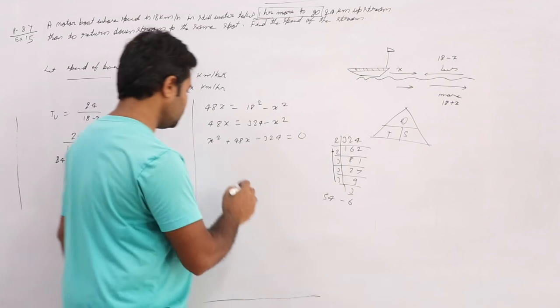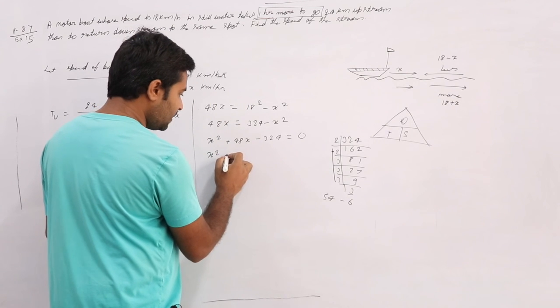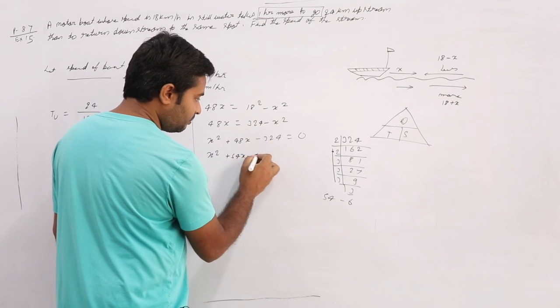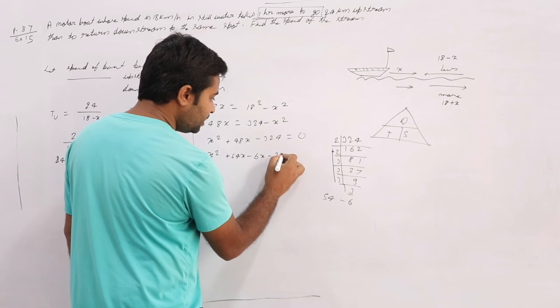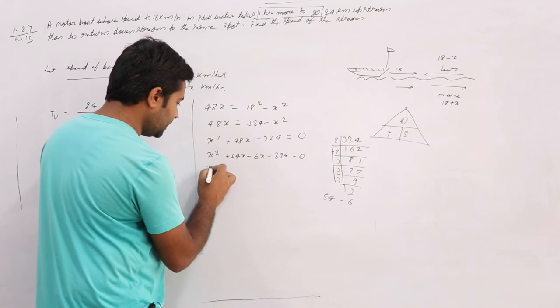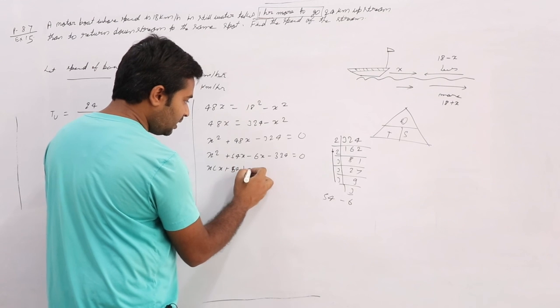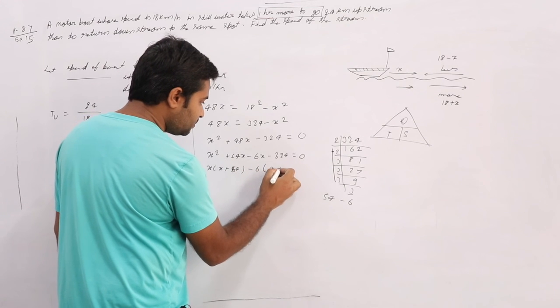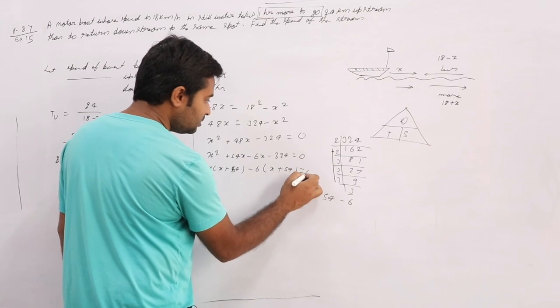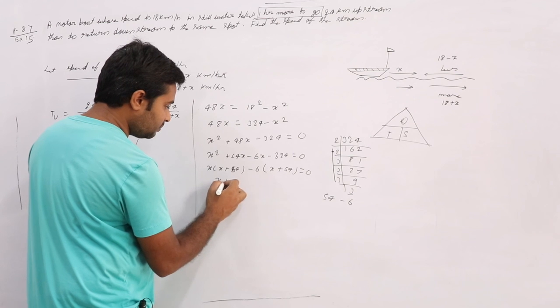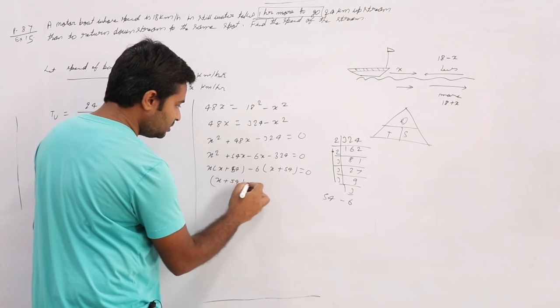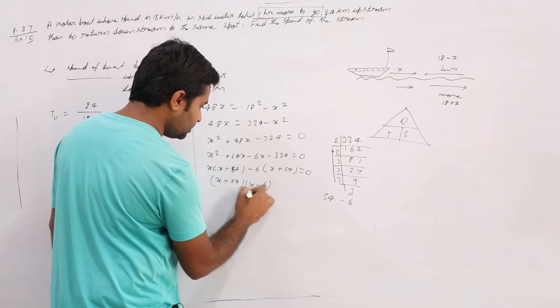So right here: x square plus 54x minus 6x minus 324. x out, x plus 54, minus 6 out. So x plus 54 out, x minus 6 remains here.